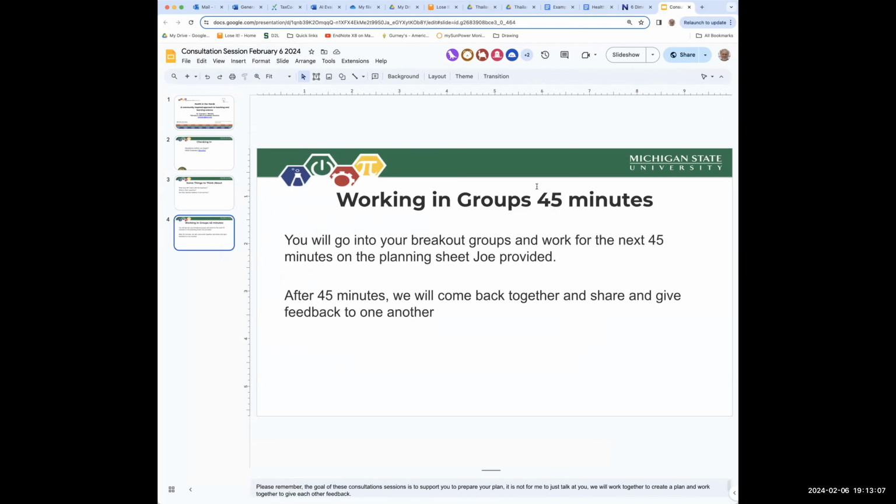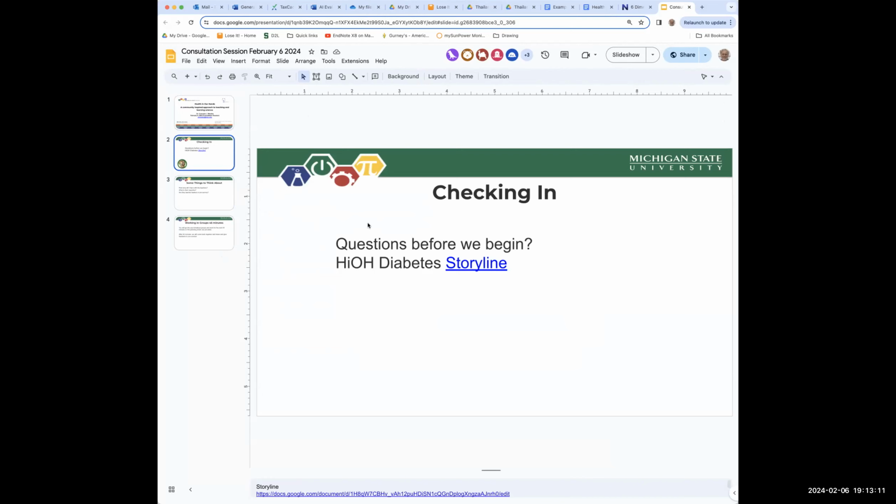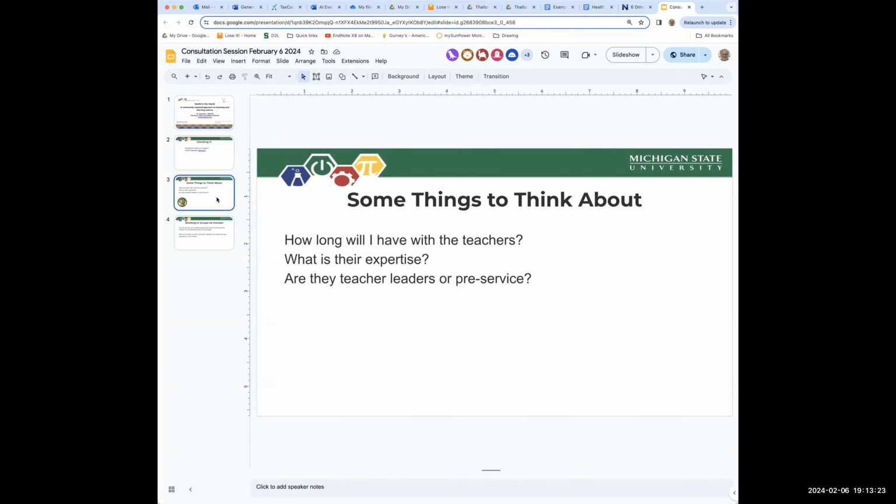So the first slide we just talked about, these are some of the places that might be helpful to begin planning: the storyline. Some things you may need to think about on slide 3 as you're planning is how long do I actually have with the teachers?